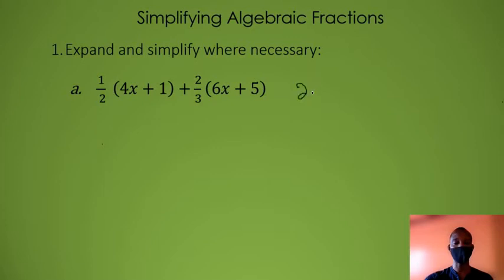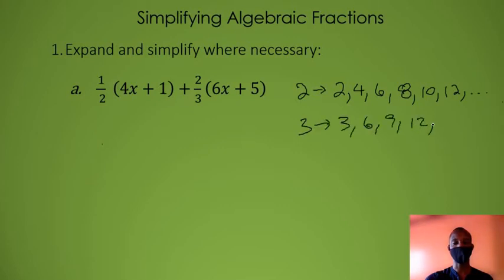Well, the multiples of 2 are 2, 4, etc. The multiples of 3 are 3, 6, 9, 12, etc. So these are the multiples of 2, and these are the multiples of 3.